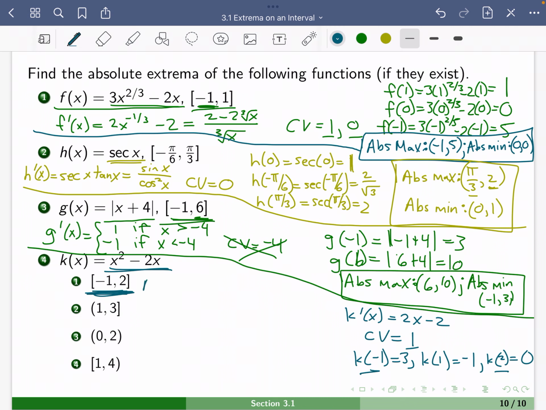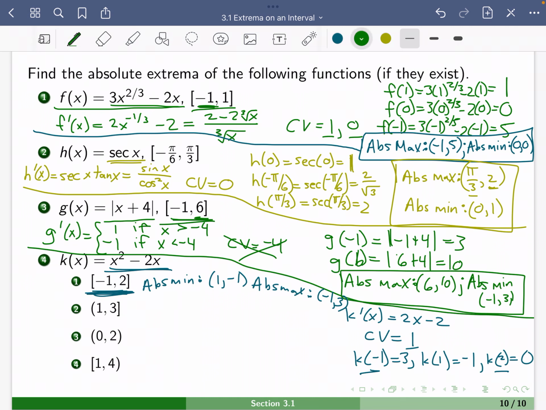The absolute minimum occurs at 1, and had that output of -1. And the absolute max is (-1, 3).